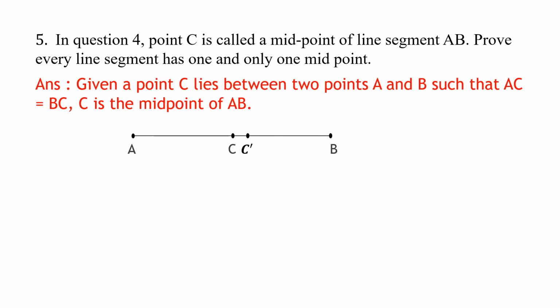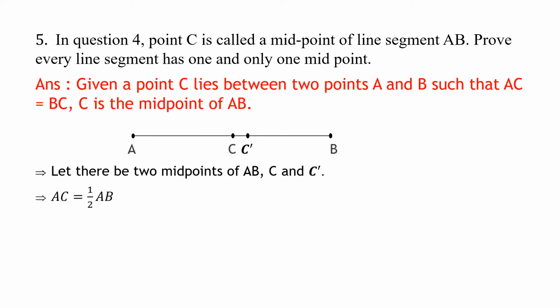So if C is the midpoint, then AC equal to BC, it is given to us. But if C prime is the midpoint, then AC prime equal to BC prime. So we have assumed let there be two midpoints, C and C prime. Now if C is the midpoint, then AC equal to half AB, we proved previously.